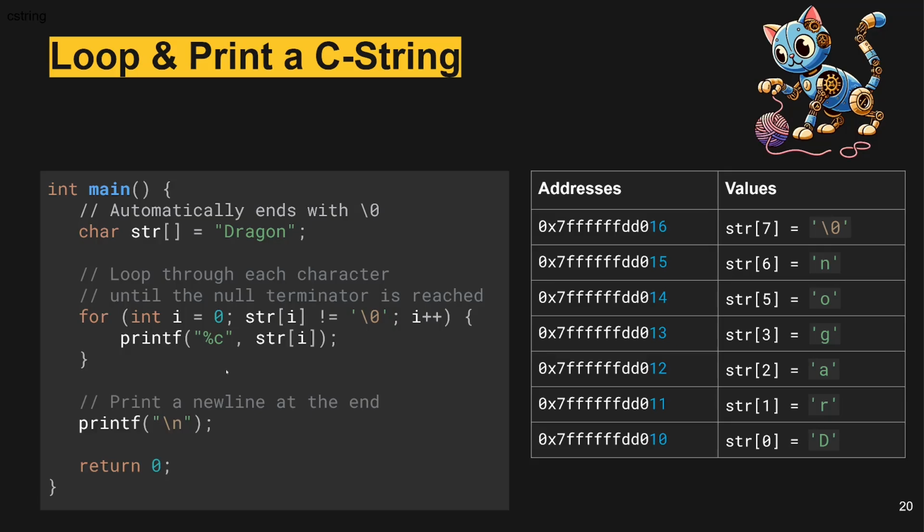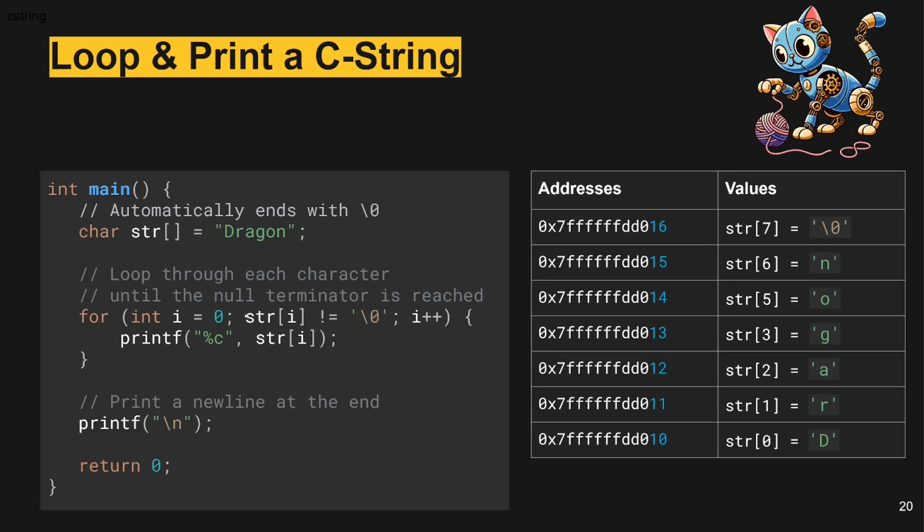Now, if we wanted to loop through the C-string and print it, here's one method we could use with a for loop. So say we have str dragon, and then we have the for loop here starting at location 0. Each time, we check if the character is equal to \0, so we don't know how big or small that is.